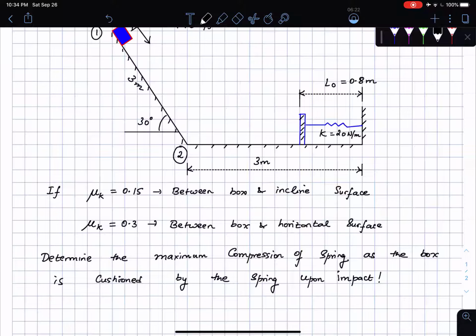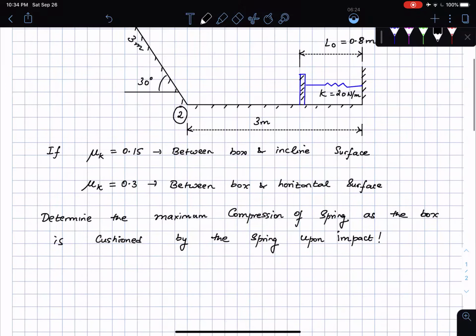So this is typically what we are asked to find out, and also let us find out the length of the spring at that instant.